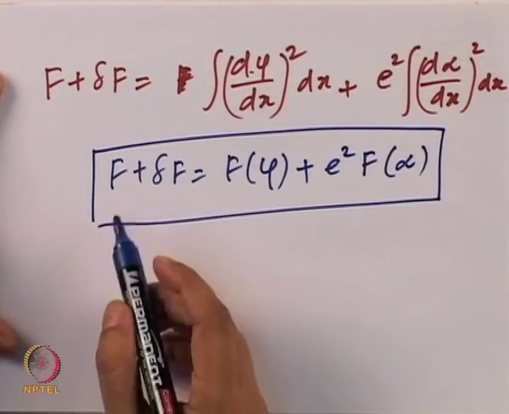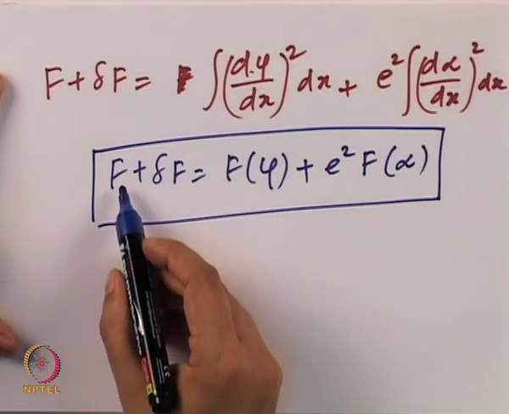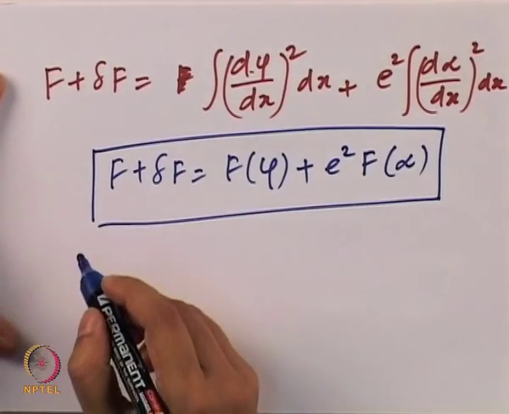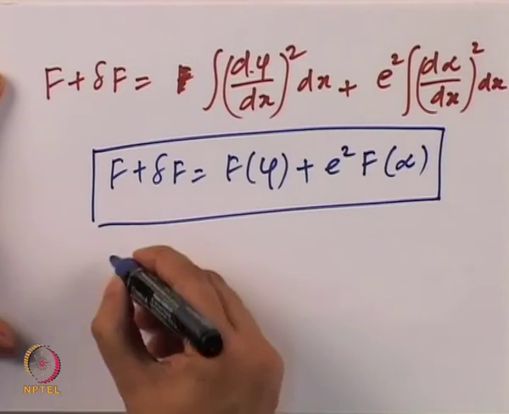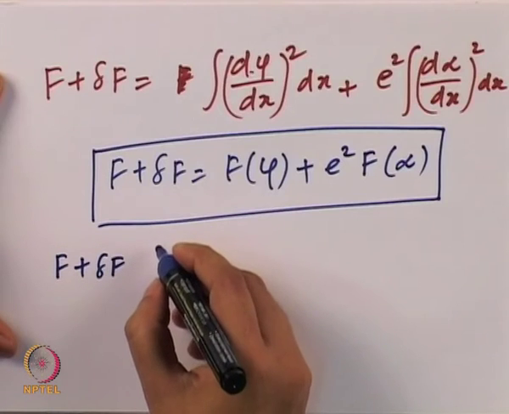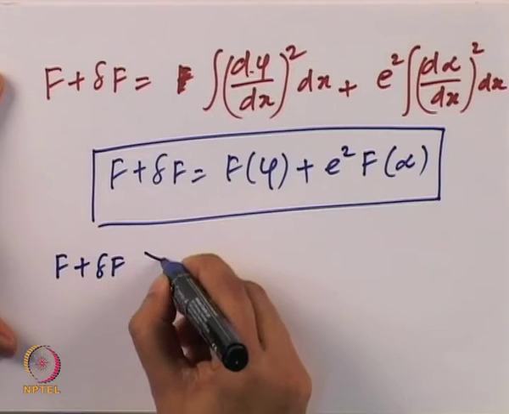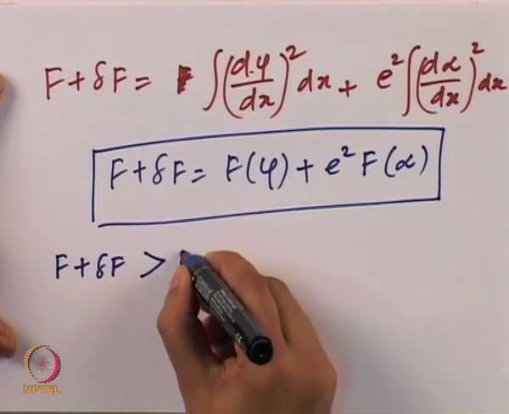There are several things that come to mind about this equation. First thing is f is always positive. In other words, f plus del f is always greater than f.